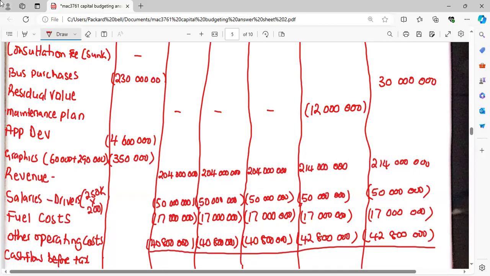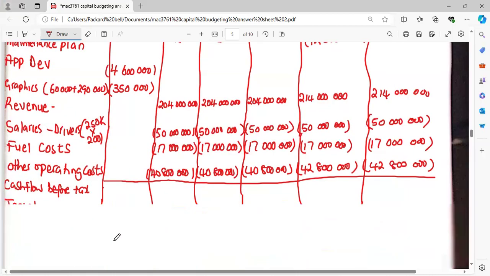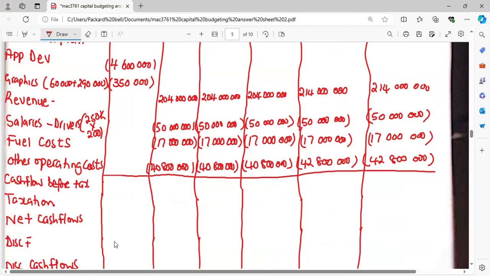Our capital expenditure is going to be 235 million. Am I right? You are right. So we start here. So here we have two. This one is capital expenditure.